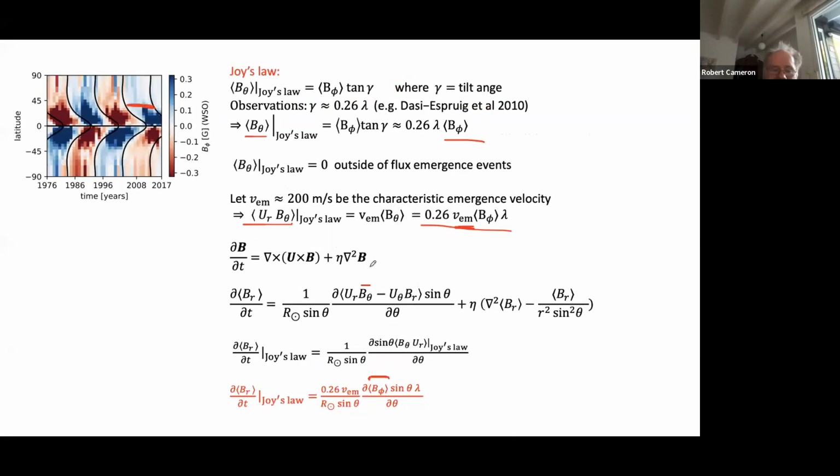The timescale for flux emergence, and therefore Joy's law, is on the order of a day or two. The timescales are the same, the velocities are the same, and the Coriolis force comes from the rotation of the sun, so it's the same. Difficult to tell the difference, but they're all within the Babcock-Leighton framework.